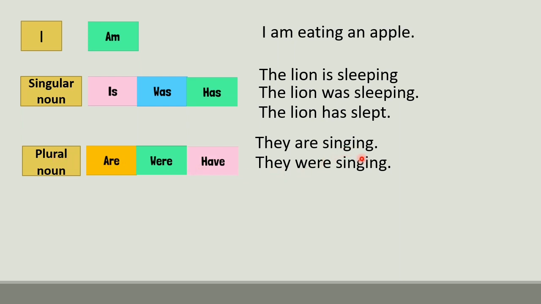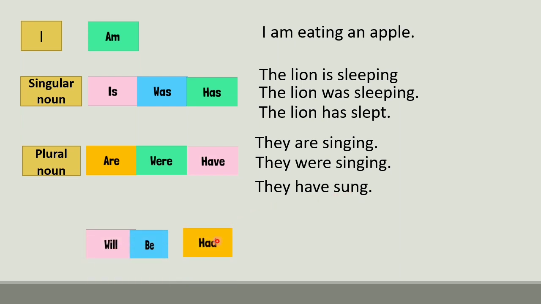Were comes before the action word singing. They have sung. They means many, plural. Sung is the action word, and have has to come before the action word sung. Now these are in different tenses, children, which you will learn a little later.